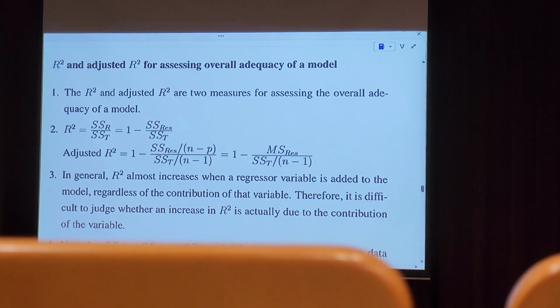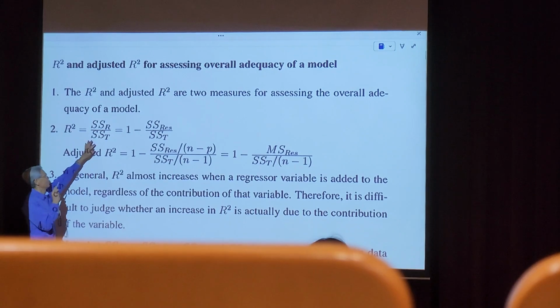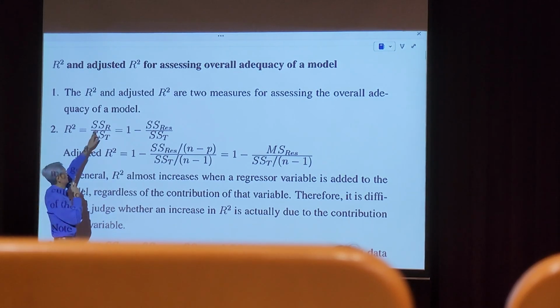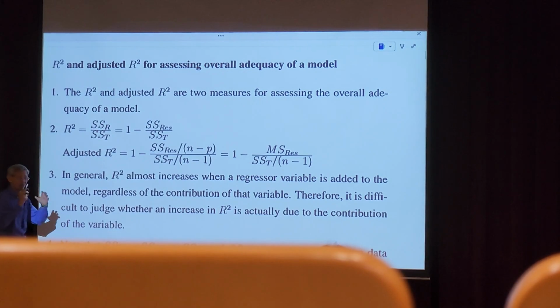First of all, point number one. R squared and adjusted R squared are two measures for assessing the overall adequacy of the model. What is R squared? R squared is the sum of squares regression over the sum of squares total. So if the fitted model is good and all the points are close to the fitted model, SSR will be large.